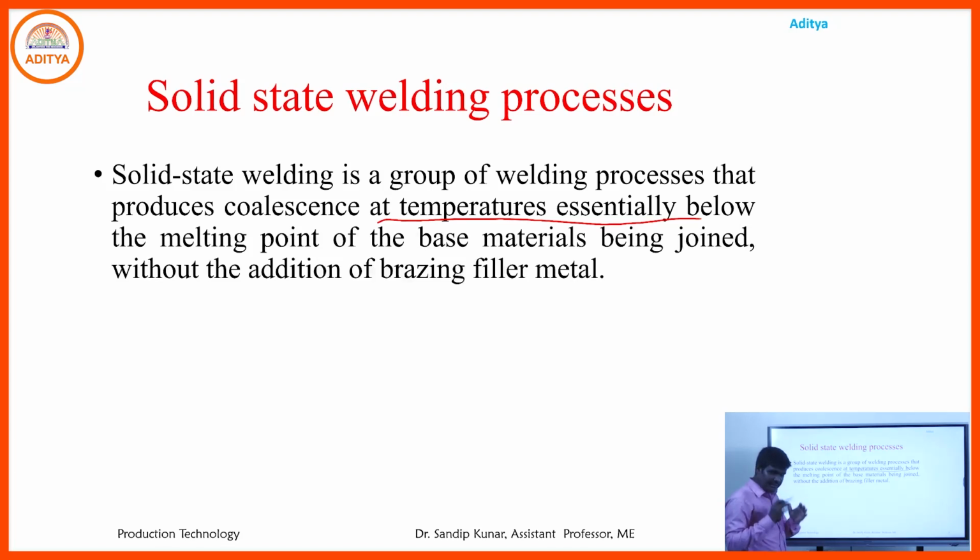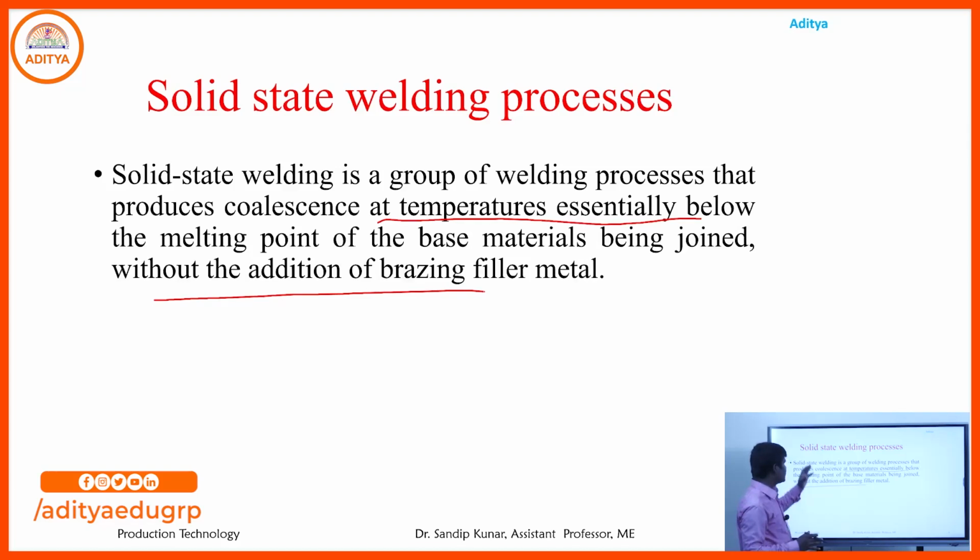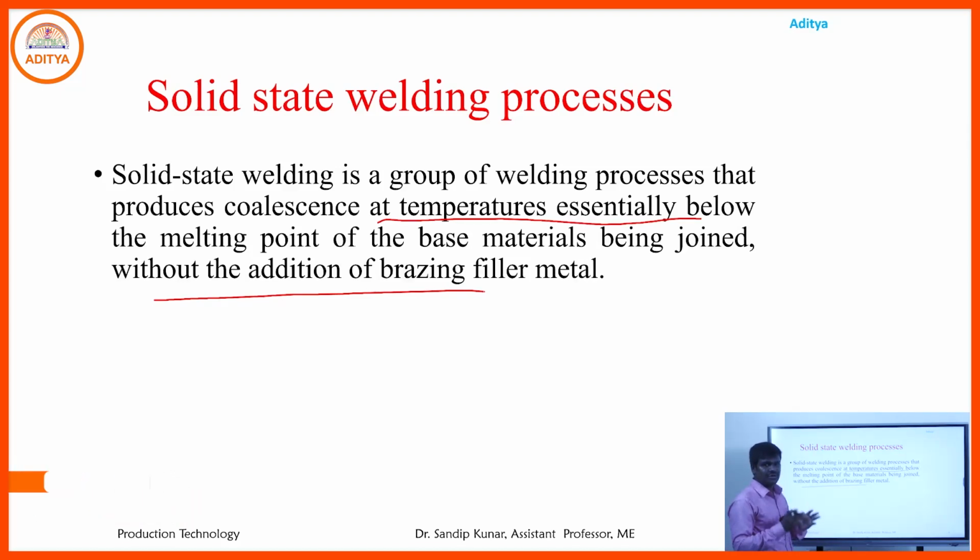Due to creation of heat, some parts at the welding zone will be melted, and after some time it will be joined, creating a solidified weld phase, without the addition of brazing filler materials, without using any filler material.